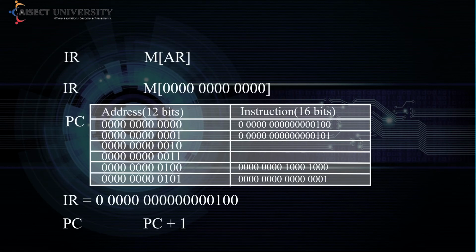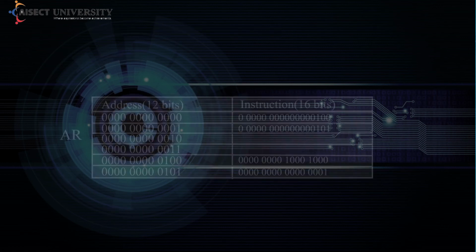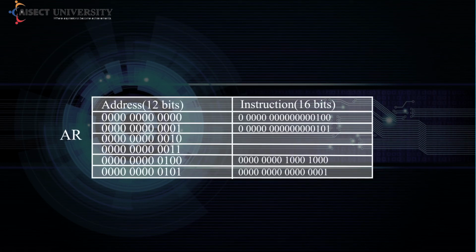After that, the program counter is automatically incremented, and the address is transferred to the address register. Here you have seen the entire figure. The address register fetches the data from the program counter, and after fetching this, the instruction register gets the data.